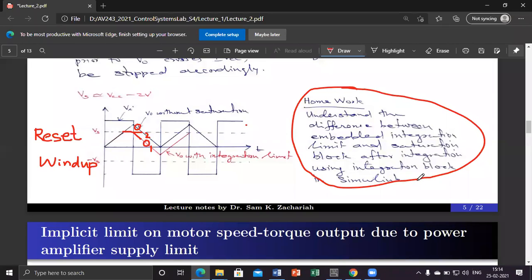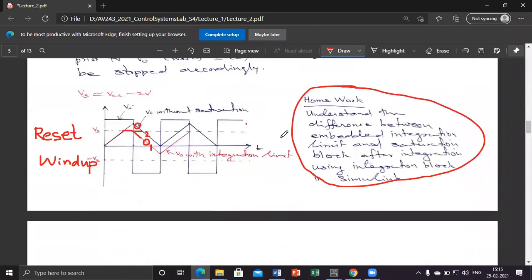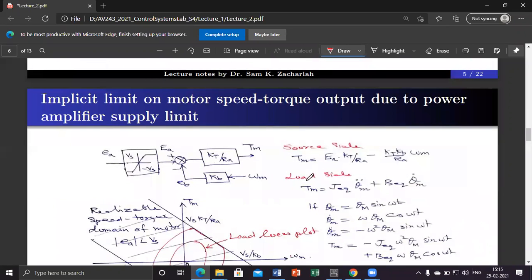If you go to Simulink, there is an integration block, and it has the feature to introduce an inbuilt limit, and it also has the feature to initialize the output, the initial condition at time t equal to 0. You can make use of all this and study it in this particular simulation study. The integrator block is a very important block of Simulink, having a lot of features.